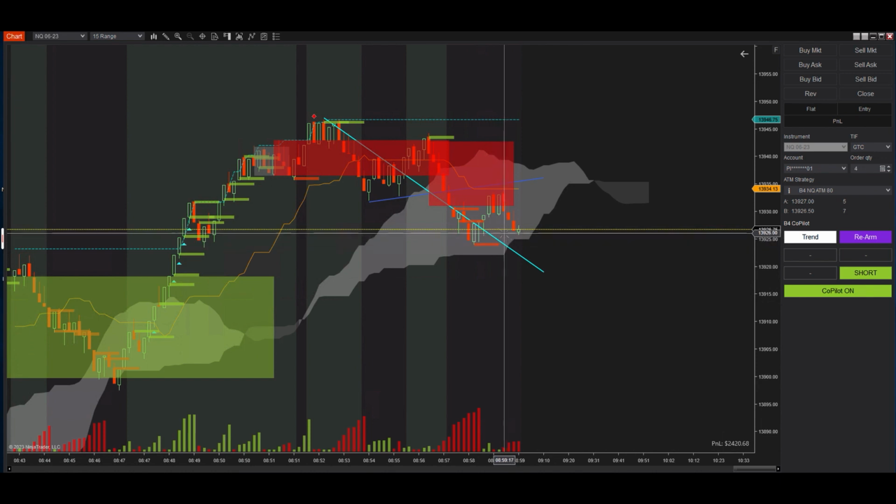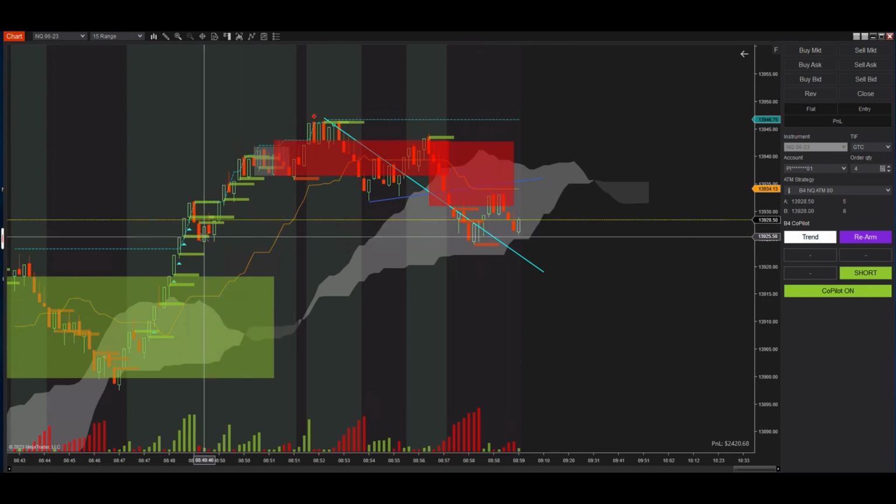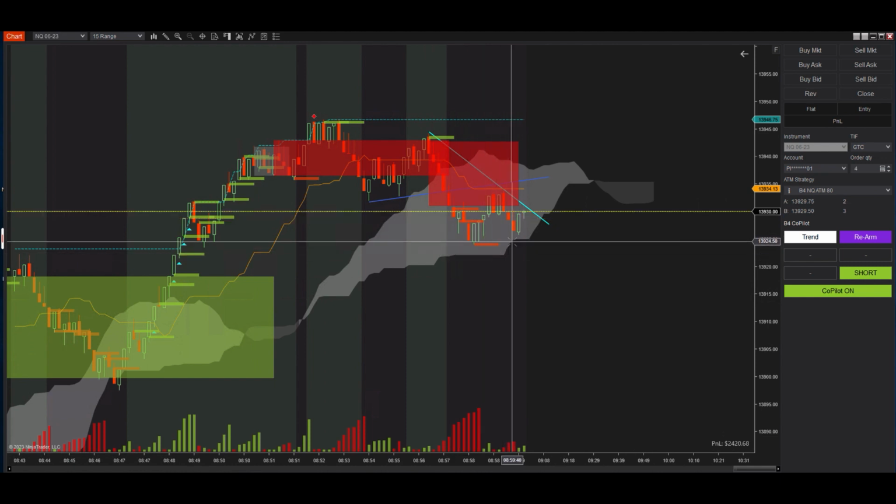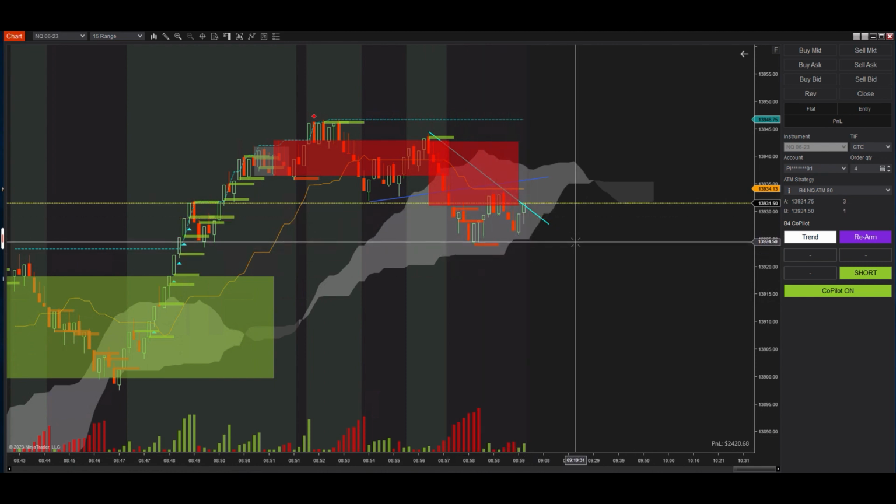Again, that's our support area, the flat spot of the Kijun-sen, the flat spot of the Senkou Span B there, both of those flat spots, support areas.